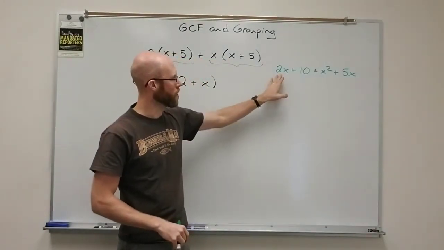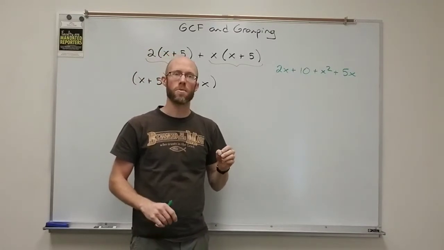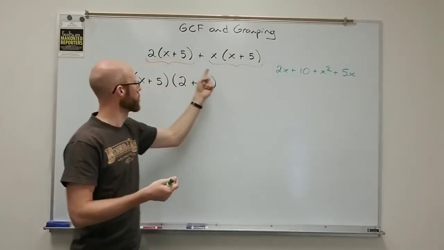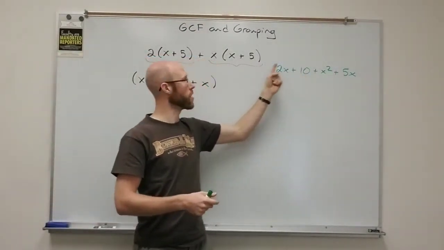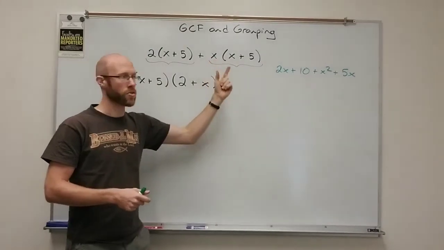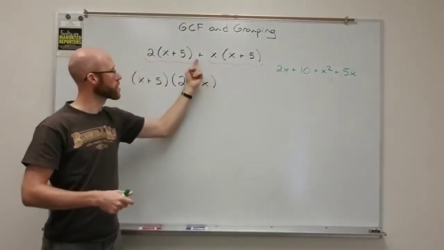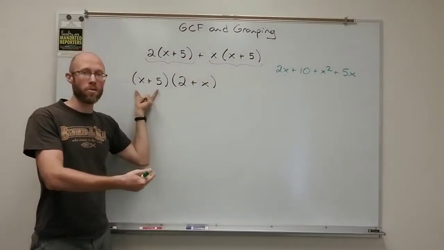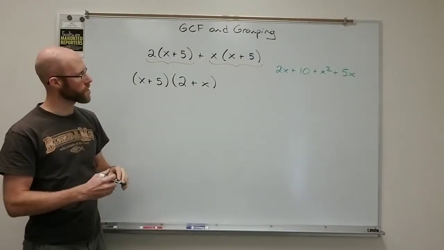Okay, and then what's interesting about this is when you have these 4 terms, the first 2 have a common factor of 2, and the last 2 have a common factor of x. And so you could actually factor out the 2 and factor out the x to get here, and then pull out the greatest common factor, which is a binomial, to get here to the factored form. And so this now gives us a process.